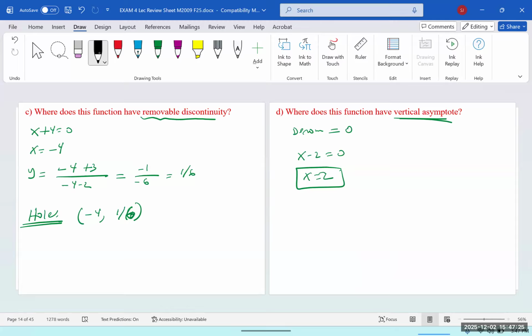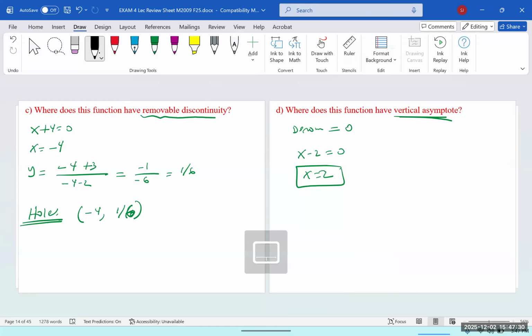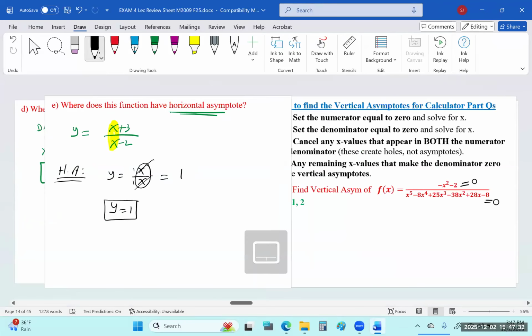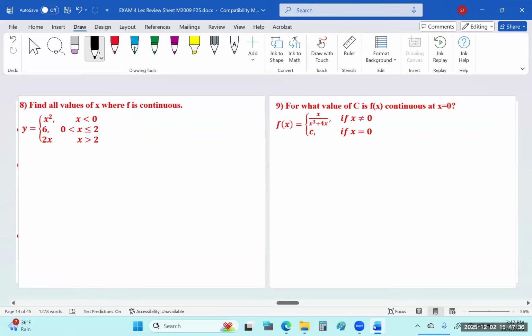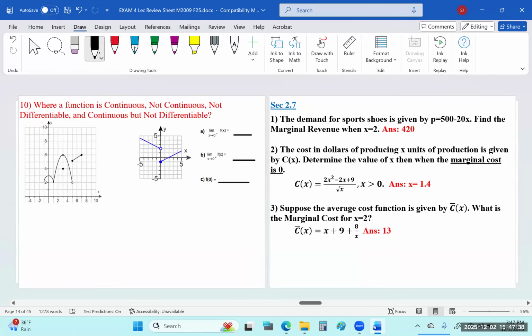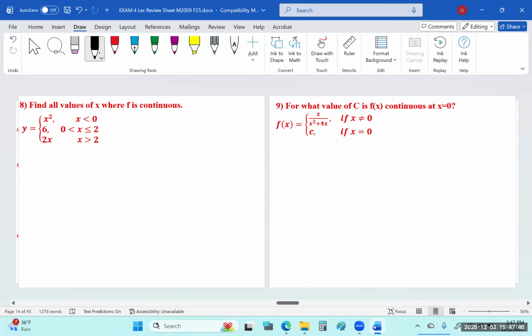Okay. So we are done with the syllabus. We basically did everything. And just in the next class, we are going to do a little bit of continuity, which you already know. It's based on the limit we said. In order for a function to be continuous, the left limit and the right limit have to be the same number.